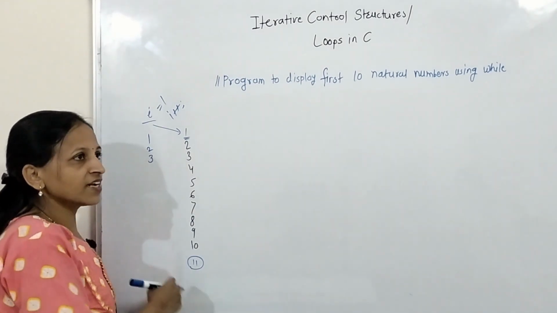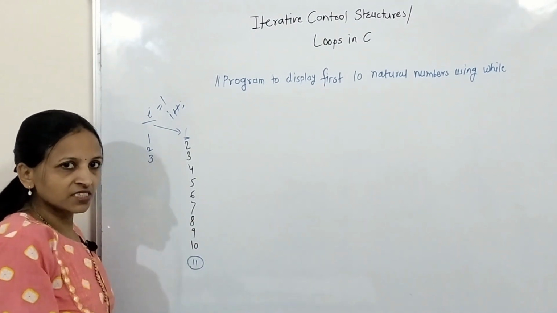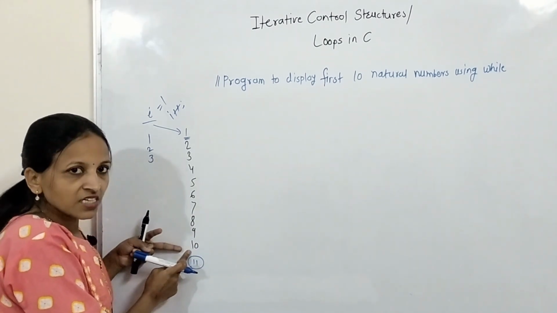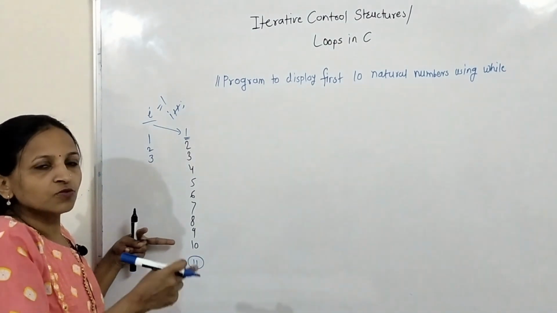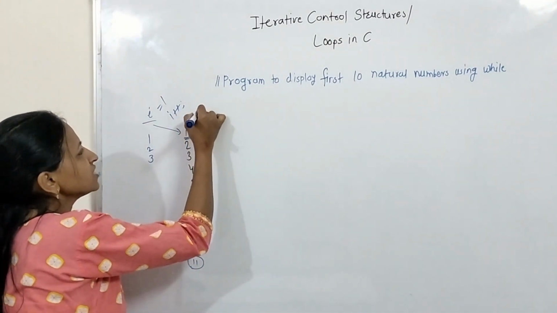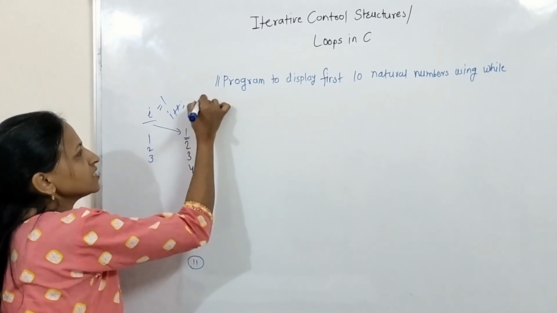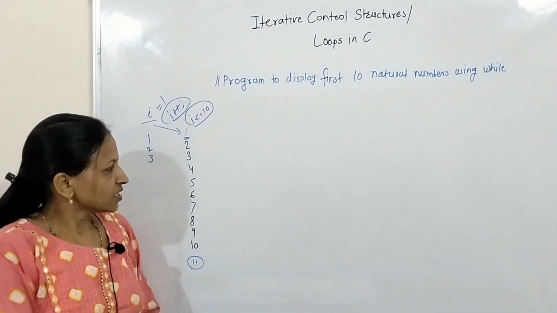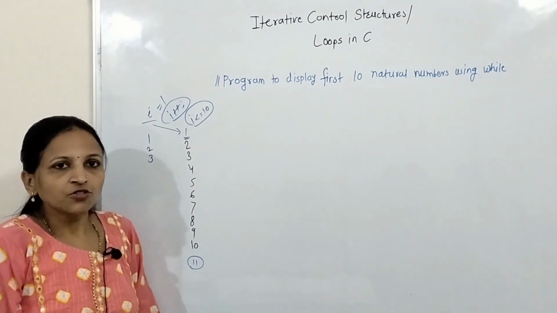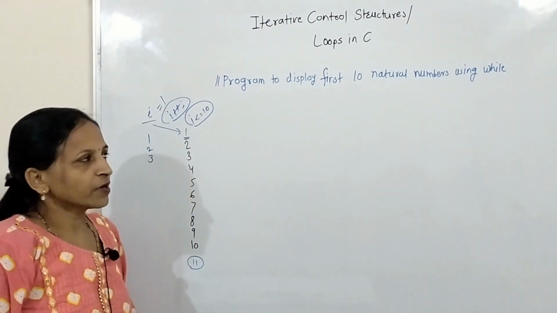Till that condition is true, the while loop will get executed. Till the value of i is less than or equal to 10, or less than 11, we have to do the same task again. That's why the test condition will be i less than or equal to 10. Getting this logic, we can use it for doing this program.